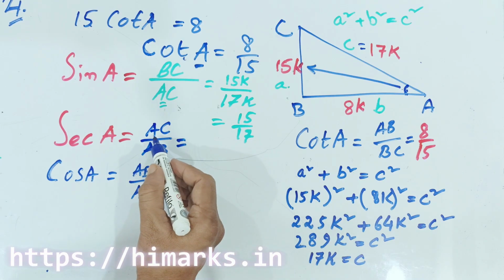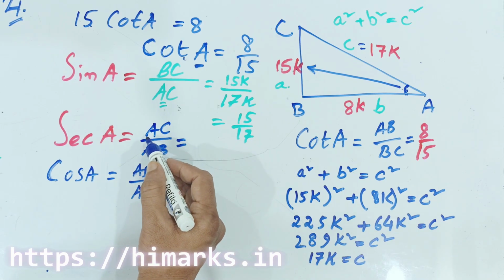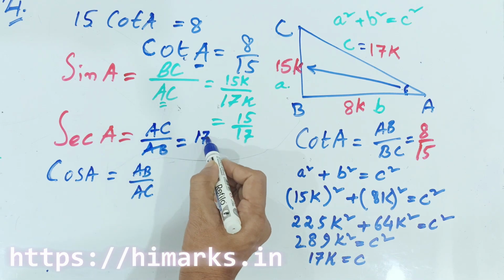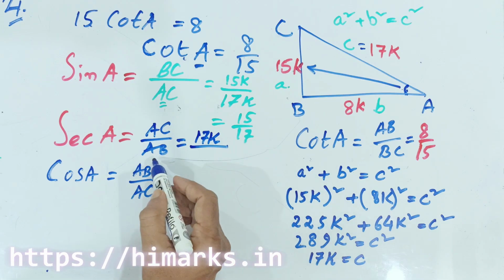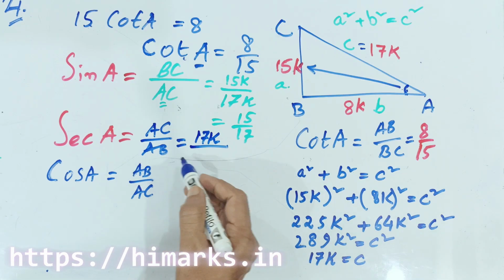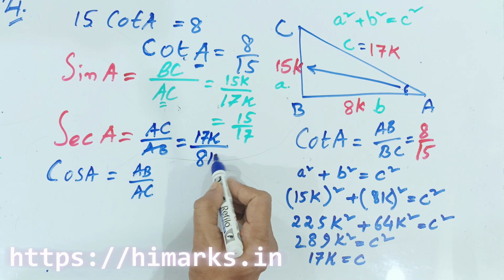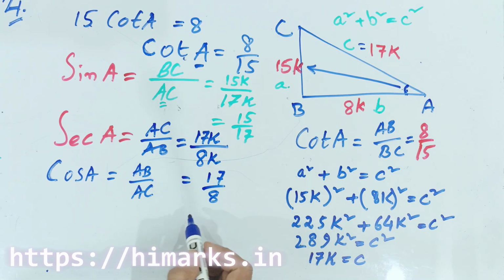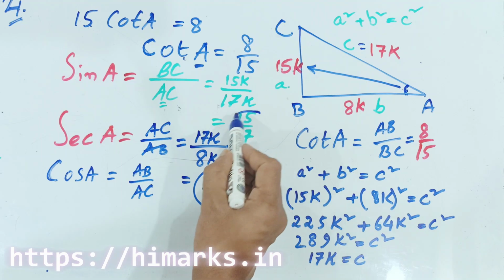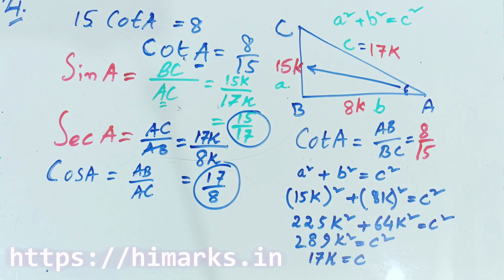Now let us put the value of AC, which is 17k, and AB is 8k. So 17 by 8. This is the value of sec A. Sin A is 15 by 17.